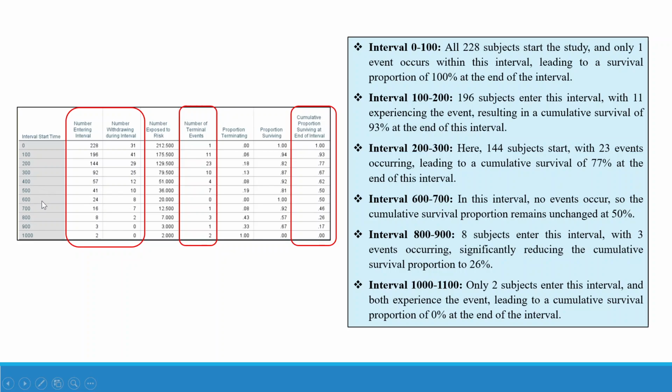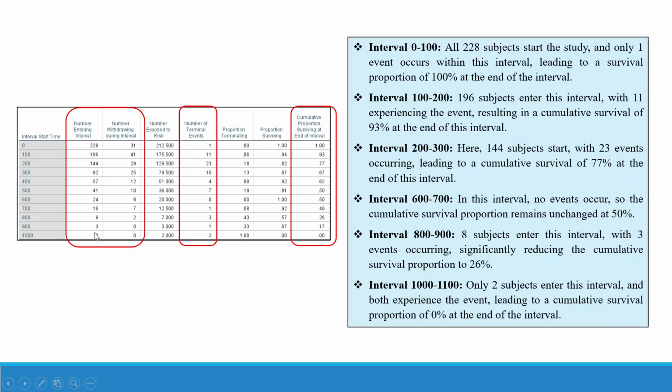I again started from 600 to 700. In this interval, no event occurred. Here, no death occurred. So the cumulative survival proportion remains unchanged, 50%. 800 to 900. 8 subjects enter this interval with 3 events occurring, significantly reducing the cumulative survival proportion to 26%.